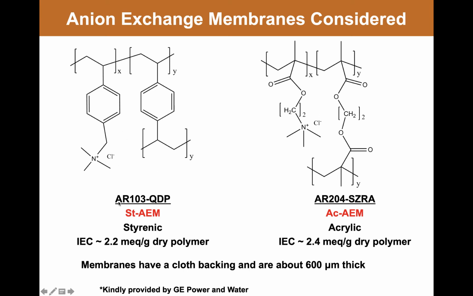Again, there are styrenic AEMs and acrylic AEMs, and I'll refer to these as ST-AEM and AC-AEM. Their ion exchange capacities are in the same ballpark as those of their cation exchange analogs.